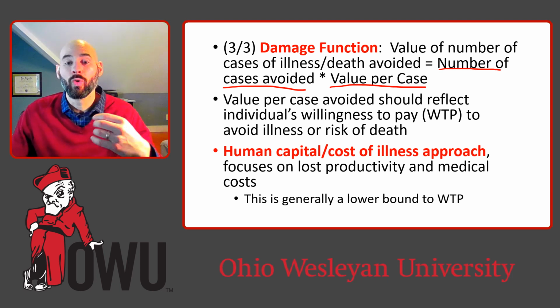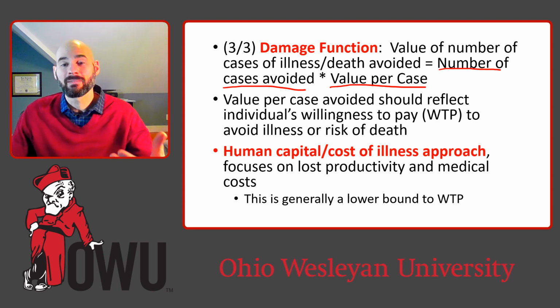So we'll look at more sophisticated ways of doing this later in the class, but let's make it clear here, we're not valuing these lives to make any normative assessment about the worth of the people who experience any of these health outcomes.